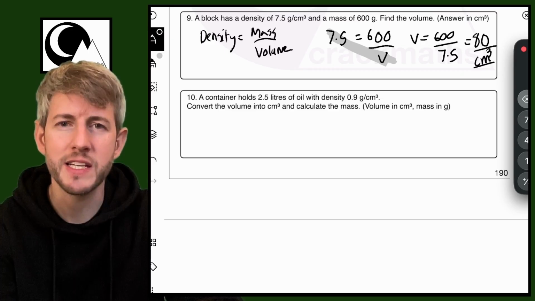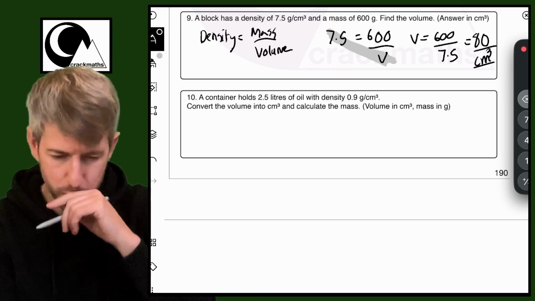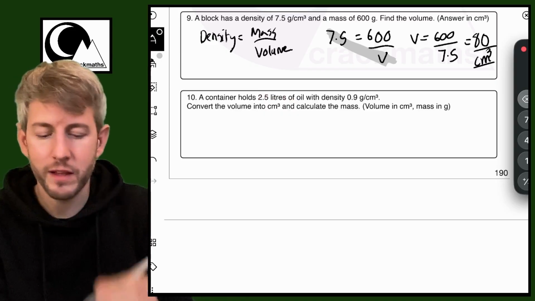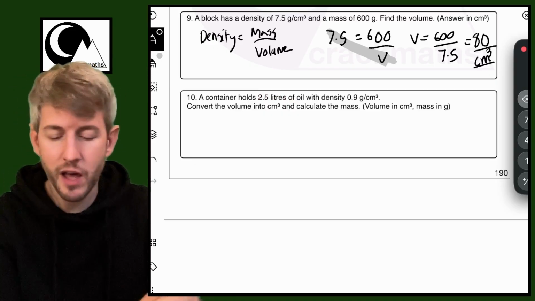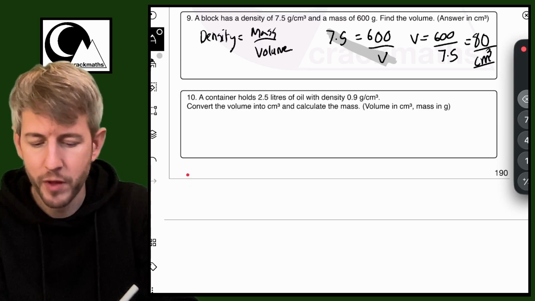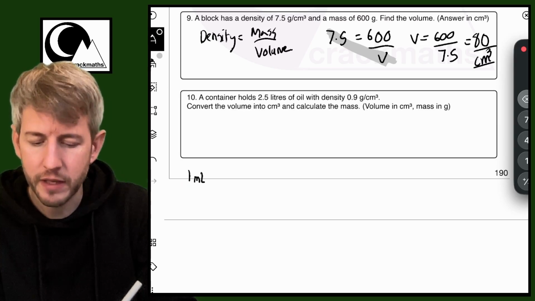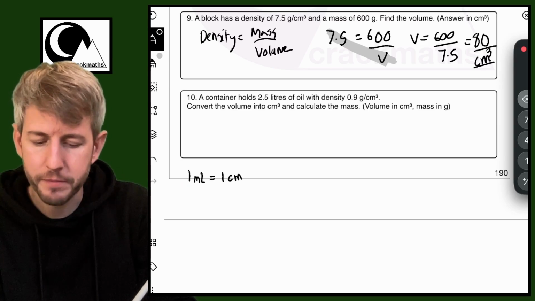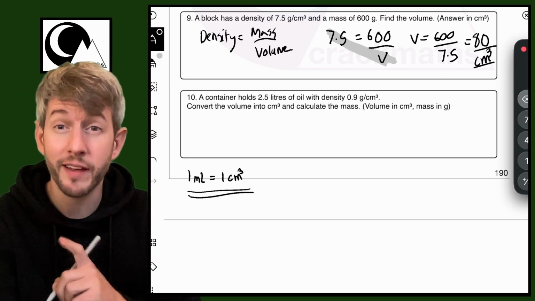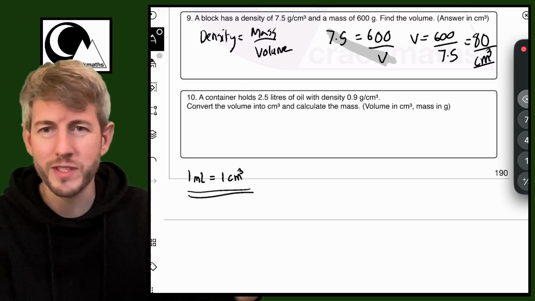Okay, volume is centimetres cubed, mass in grams. Right, so first of all, I'm just going to make a note down here: 1 millilitre equals 1 centimetre cubed. Okay, that's an important thing that we actually do need to know. 1 millilitre is 1 centimetre cubed.